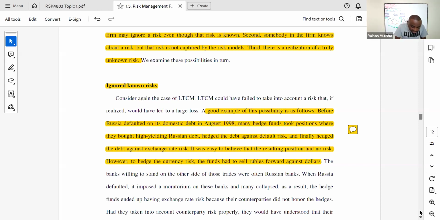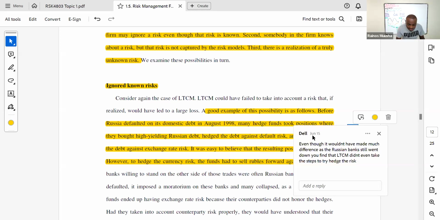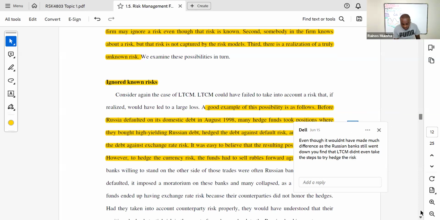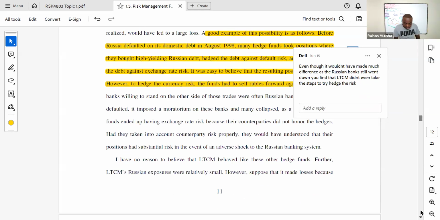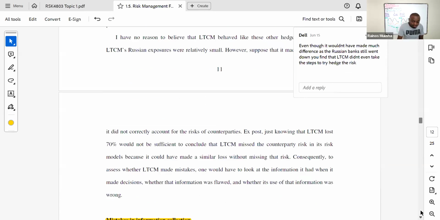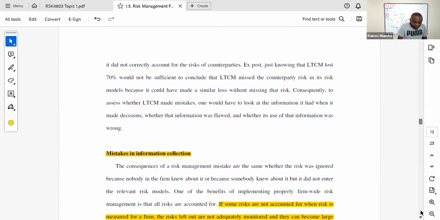However, to hedge the currency risk, the funds had to sell rubles forward against the dollars. Even though it wouldn't have made much difference, as the Russian banks still went down, you find that LTCM didn't even take the step to try to hedge that particular risk, where the party who's selling your risk might also end up defaulting on their obligations.